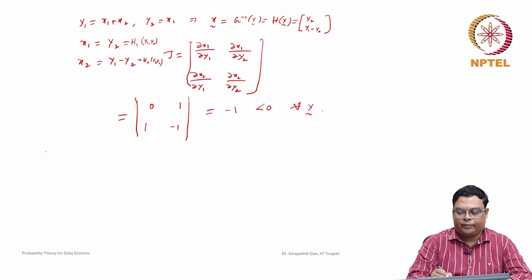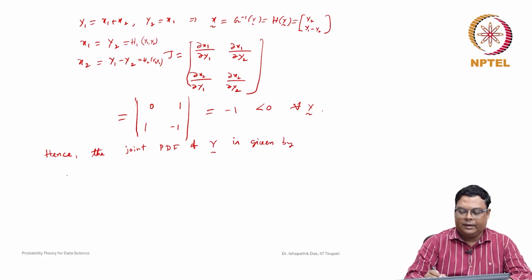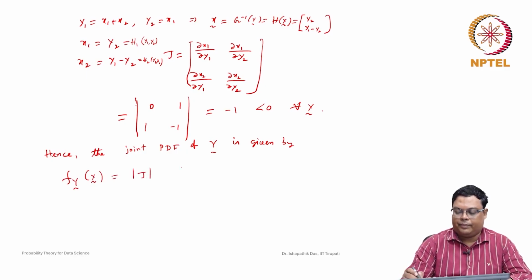Hence the joint probability density function of y is given by the absolute value of J times f of x at h of y.